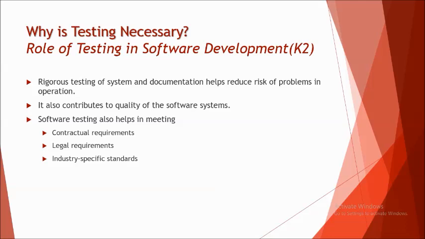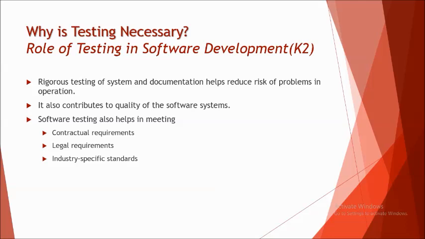Meeting such requirements can be put into acceptance testing, where you fulfill all these contractual, legal or standards requirements. So testing is not limited to defining the quality; there are many other things catered to as a part of testing.